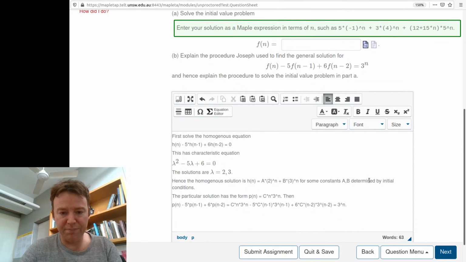And I can simplify that a bit and find out, it's one equation with one unknown. I can divide everything by 3 to the n minus 2, and I'll take a common factor of c out the front. c times, that's 9n minus 15 times (n minus 1) plus 6 times (n minus 2), and that's going to be equal to 9, close brackets.